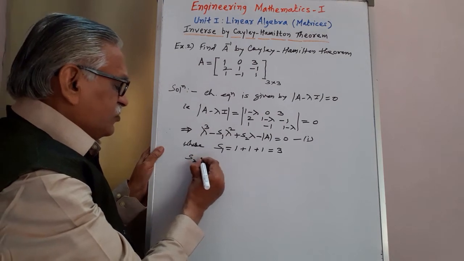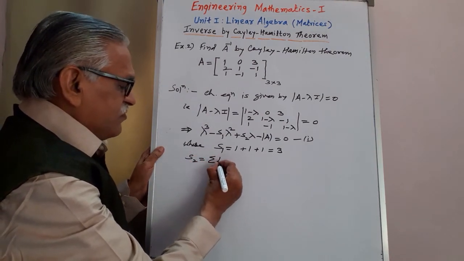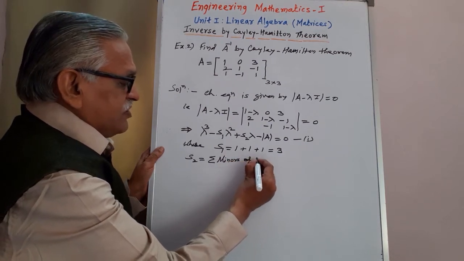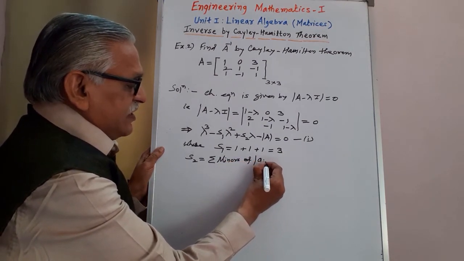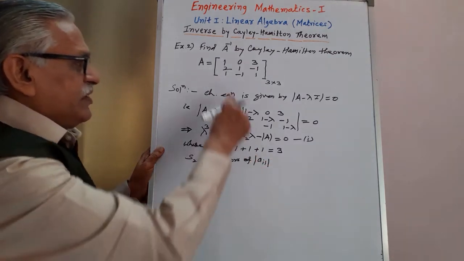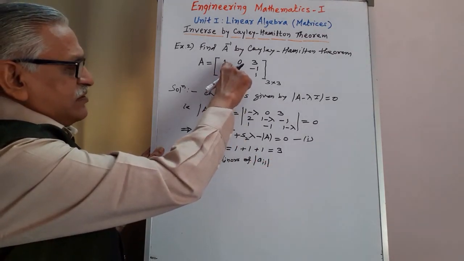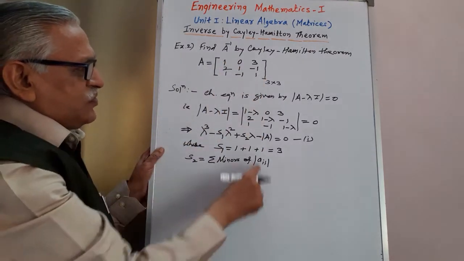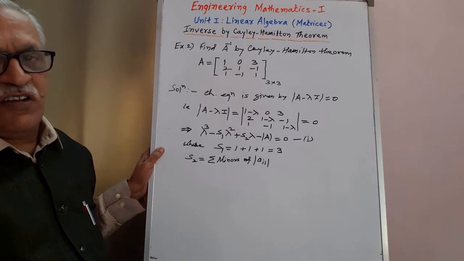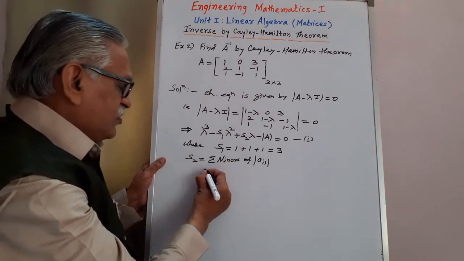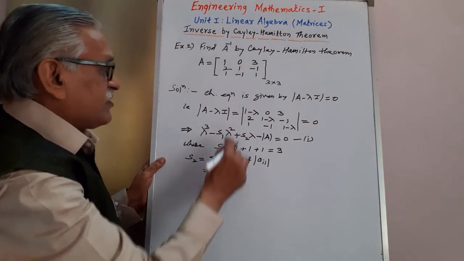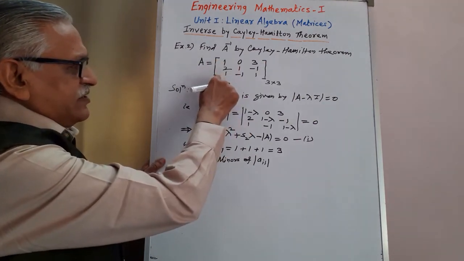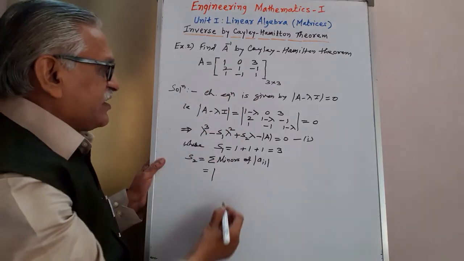Then S2 is the sum of minors of diagonal elements. It means the minor of the first diagonal element A11, the minor of the second diagonal element A22, and the minor of the third diagonal element A33. To find the minor for the first, we have to neglect the row and the column containing it, and then take the remaining elements in the determinant.